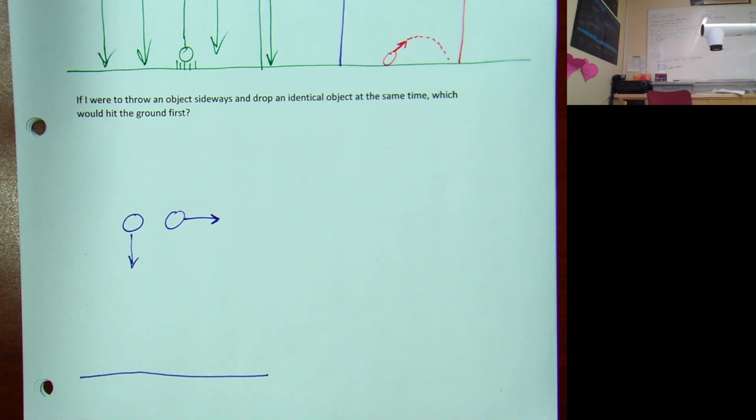Okay? So are we cool with this being the same thing as what I'm suggesting up there? A little bit of sideways motion, and it's going to fall. I'm going to try and time it so that as this object rolls off the edge of the table, I'm going to drop the baseball. This is difficult to do, but I'm going to try. And we're going to see which one of these things hits the ground first.